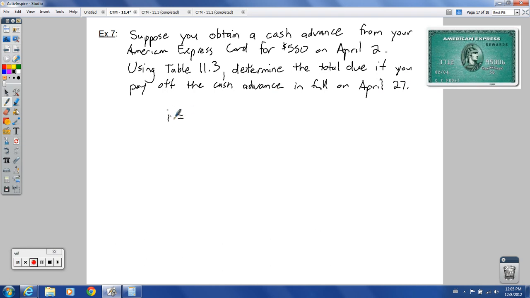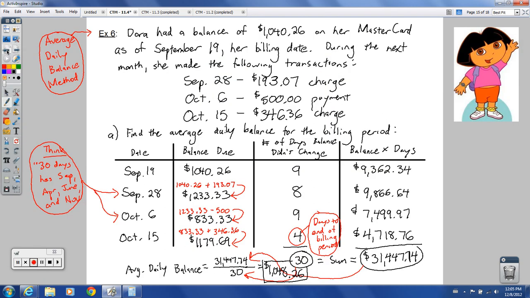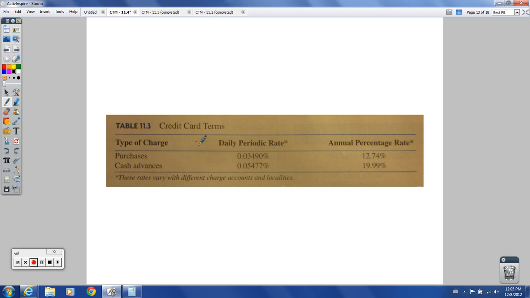With cash advance questions like this one, we can use this simple interest formula. So I equals PRT. The principal, you borrowed $550. The rate, let's go back to the table. To find the rate, we have to use that table. The rate for cash advances, we're assuming this will be our credit card as well, is this rate.